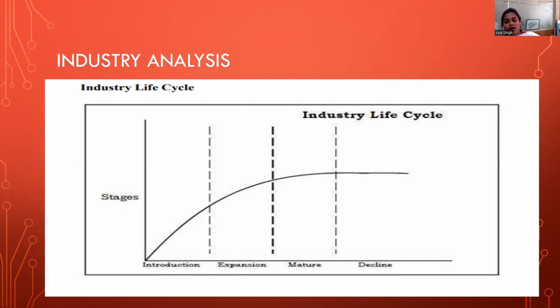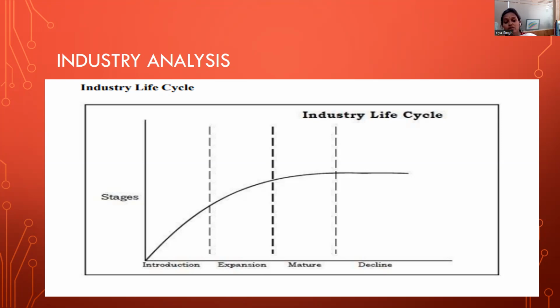So when we are going to take a decision for investment, we have to check at what stage the industry is. It is good to go for the investment if they are at an expansion stage. In the introduction stage also we can invest, but we should be sure that this company is going to run for a long period of time.